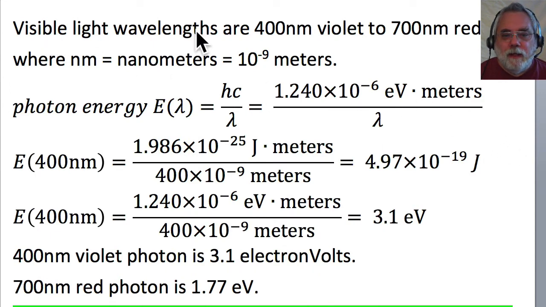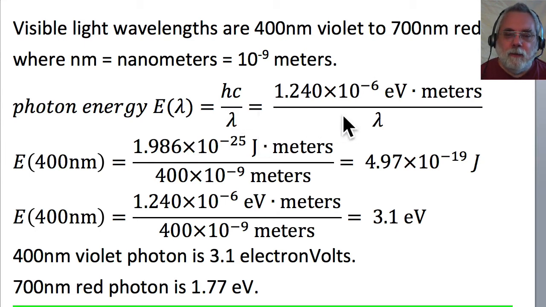Visible light wavelengths are 400 nanometers for violet to 700 nanometers for red, where nanometers is 10 to the minus 9th meters, a billionth of a meter. We can calculate the photon energy for a particular wavelength as hc over lambda, which is why hc is a useful constant to have pre-computed.